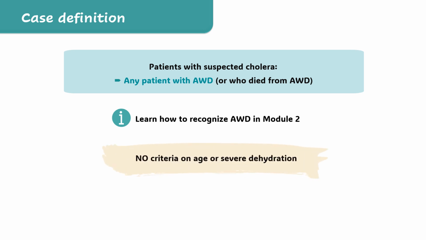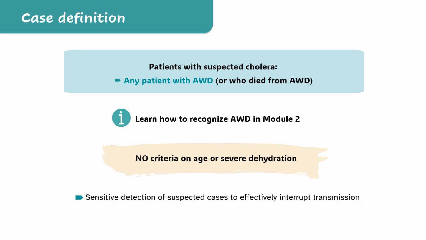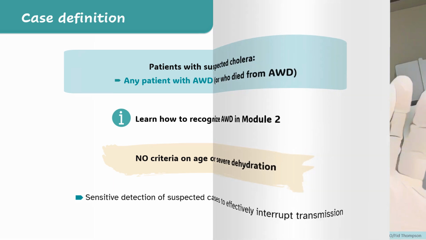There are no additional criteria on age or severe dehydration to identify patients with suspected cholera among patients who have AWD. This is to ensure a sensitive detection of suspected cholera cases and increases chances to effectively interrupt transmission by implementing interventions around the cases.